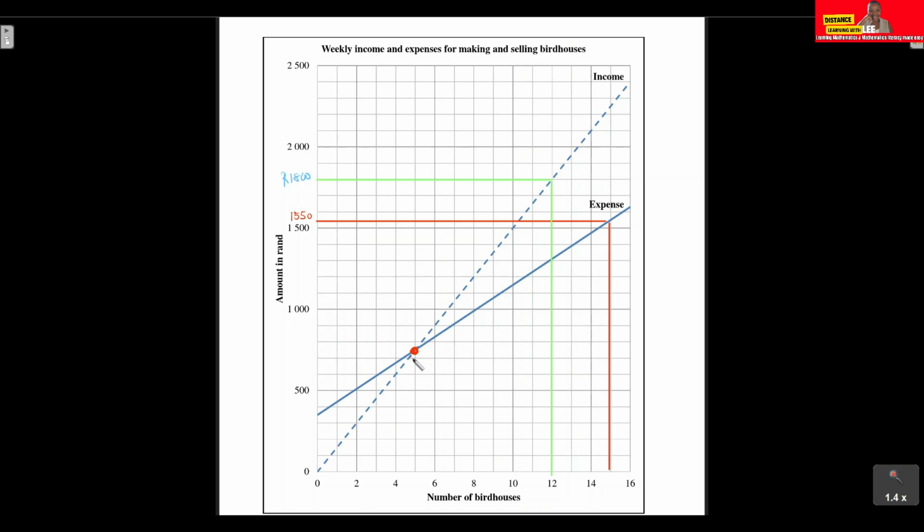You can use that point to determine how many products you need to sell to make a profit, or how many products you sold to make a loss. When doing a break-even analysis, we use a graph to determine at which point a business makes a profit or a loss.